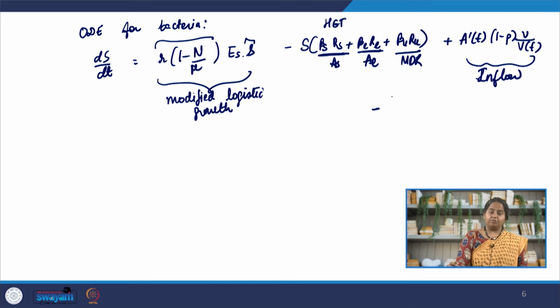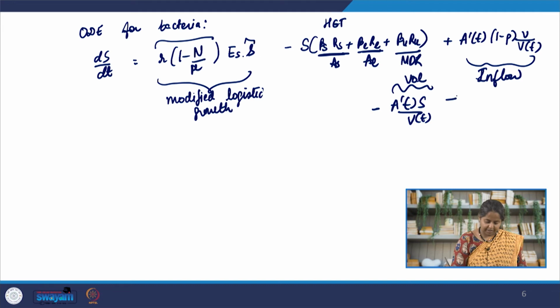Minus the rate at which the volume is changing because of the effluent, minus natural death, which we decided is going to be constant. So constant death rate del S for sensitive bacteria, minus sensitive bacteria will also die because antibiotics, antimicrobials are present in the environment.